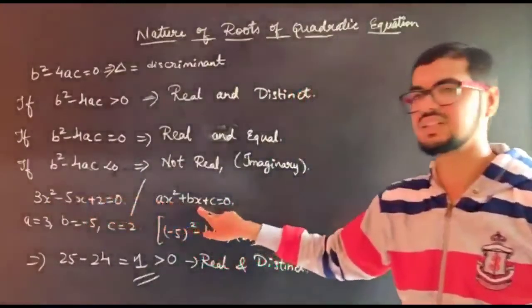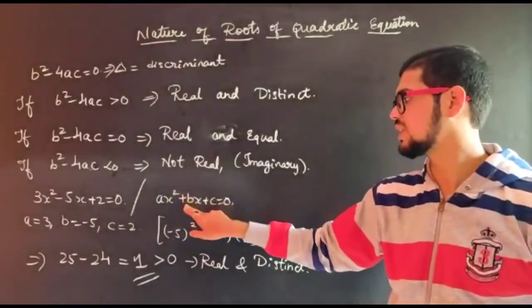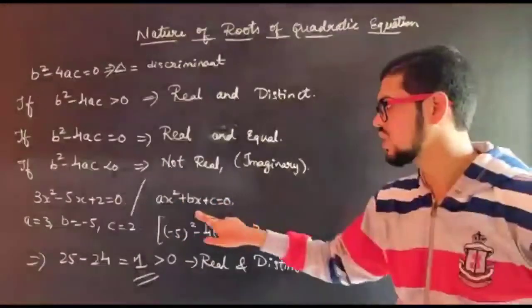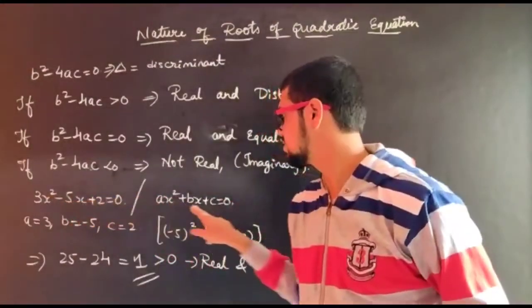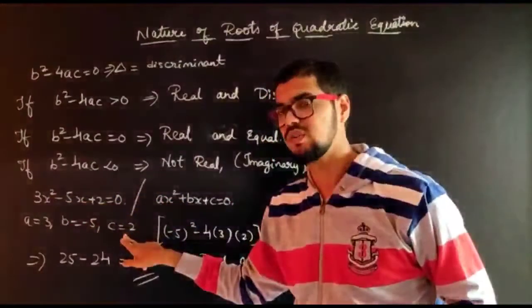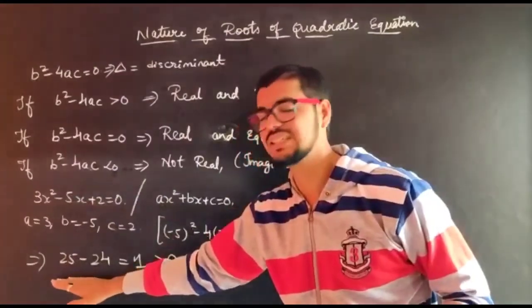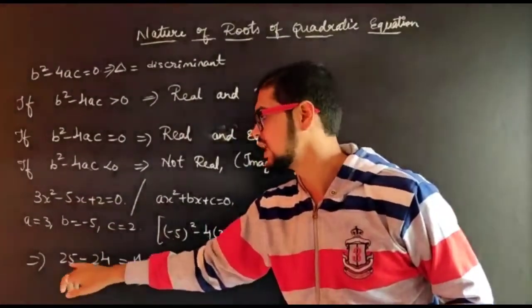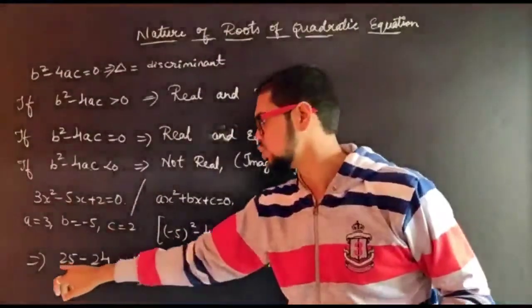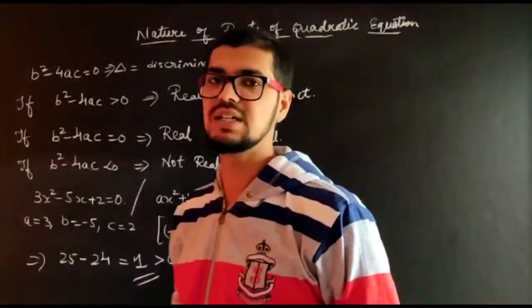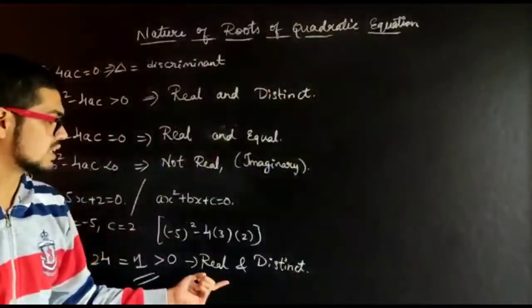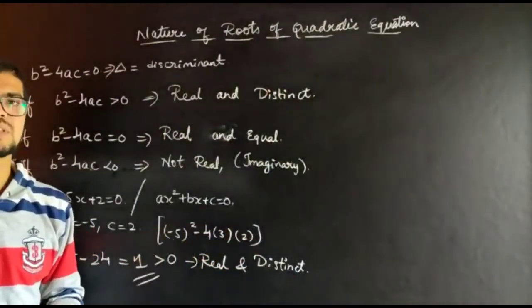Compare this with the standard form ax square plus bx plus c is equal to 0. Here a is 3, b is minus 5, c is 2. After this, apply this in the discriminant formula, b square minus 4ac. So 25 minus 24 is 1. Since 1 is a positive number and greater than 0, the roots are real and distinct. Thank you, students.